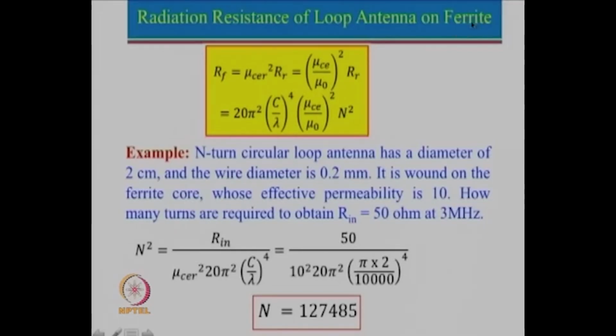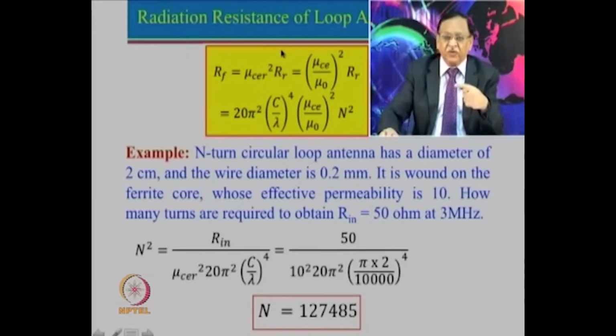If it is wrapped around a ferrite core, then the actual radiation resistance will increase by a factor of mu square, and here it is used as an effective mu, because some air might come into the picture in between when you put a loop antenna around a ferrite core. Okay. So, this is the expression to be used, and let us just look at one example. Let us say we have an n turn circular loop antenna whose diameter is say 2 centimeter, and the wire diameter is thin, which is 0.2 mm.